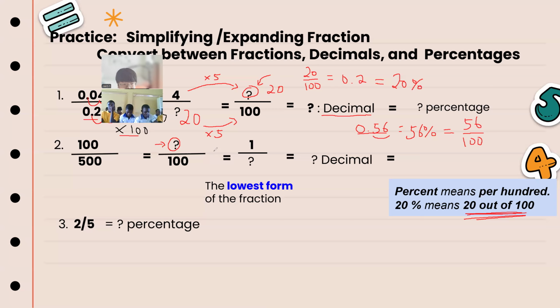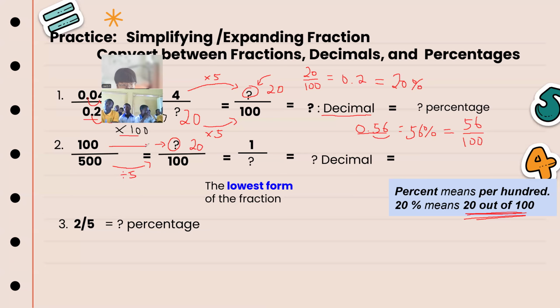Oh, yeah, I think I heard some people say 20, and that would be correct. Yeah, great job. Whoever said 20, because we are dividing in this case. We're not multiplying. I mean, we can multiply by 1 over 5, but we're dividing by 5.